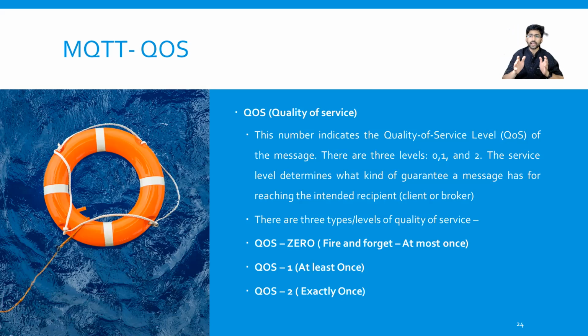At least once means you can get duplication also in quality of service 1. But exactly once means there is not going to be any duplication. So your data is going to be received only once, right? So there are 4 flows available in it. Those things I'm going to discuss in the next slides, how it works.